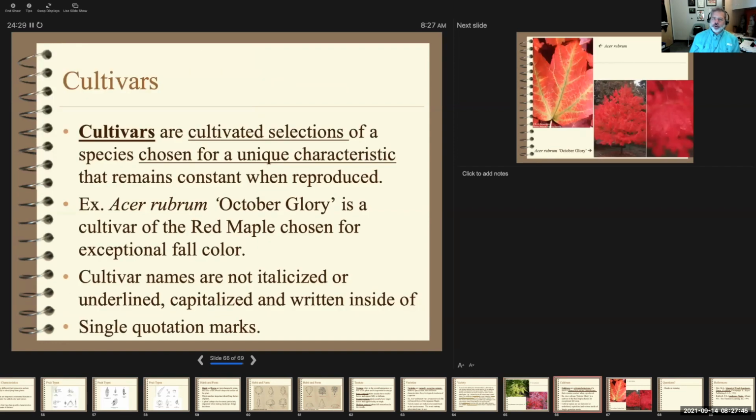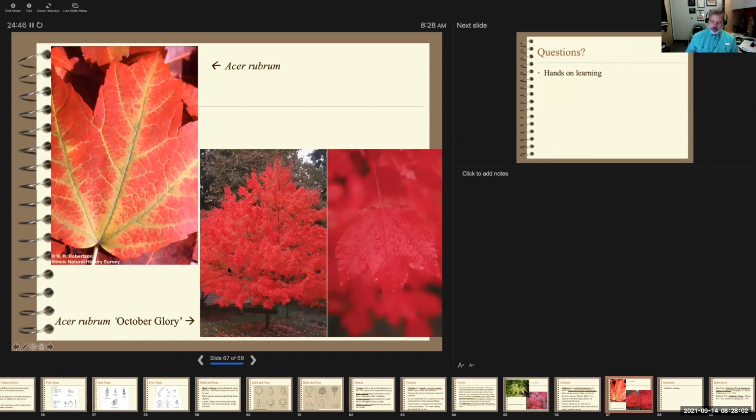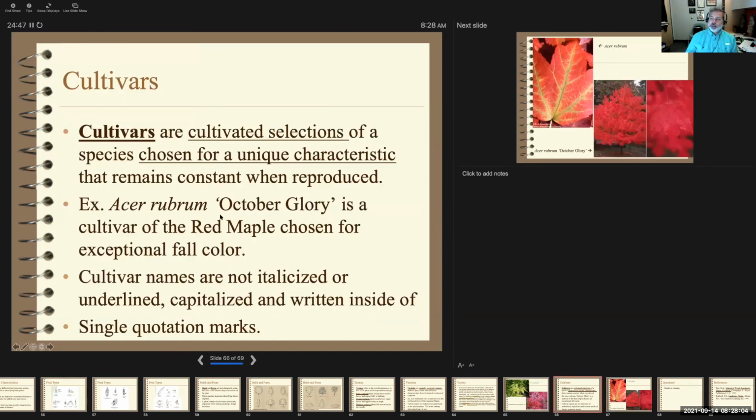Cultivars are cultivated selections of a species chosen for a unique characteristic that remains constant when reproduced. I'm going to give you the example. We're just going to stick with maples here. An example would be Acer rubrum. If you just look at Acer rubrum, this would be just the red maple that you would find out in the wild, native to even Tennessee.